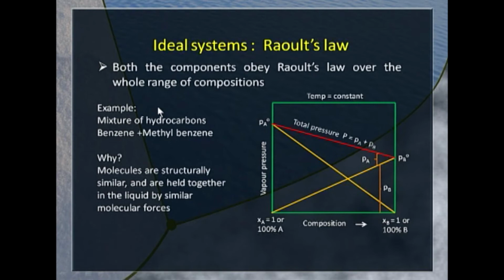The example that we have for ideal systems is a mixture of hydrocarbons like benzene and methyl benzene. The very fact that both are hydrocarbons means their molecules are structurally similar and are held together by similar forces in the liquid state.